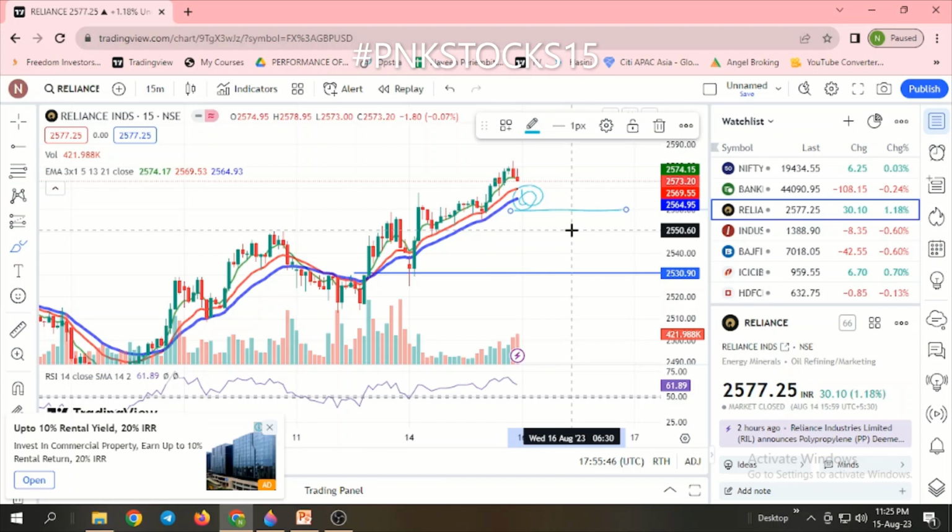How do we define this? I hope you watched my earlier video on defining whether it is a bullish, bearish or sideways market. For a bullish market, we consider when Nifty is more than 50 points up. If Nifty is trading 60, 70, 80 points up, that day we treat it as a positive day and do only buy trades.